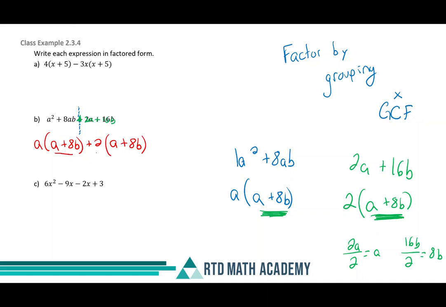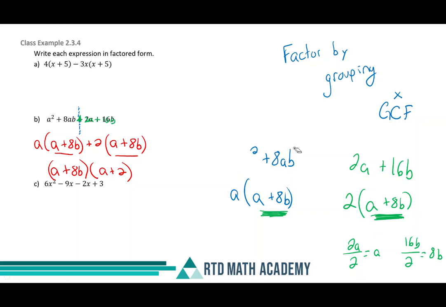And now all of a sudden, just like we saw in question A, we have a greatest common factor, that happens to be a plus 8b. And according to the distributive property, it must mean that a plus 8b was distributed to whatever the terms that we actually broke apart in the first place. So let's pull them back together. And I get a plus 8b multiplied by a plus 2. And that is going to be equivalent to a squared plus 8ab plus 2a plus 16b.